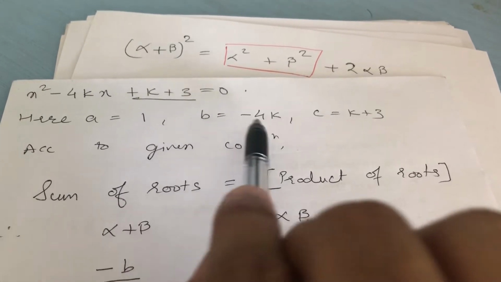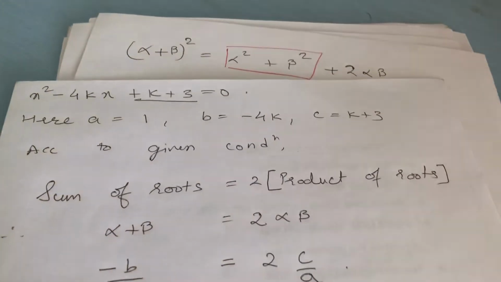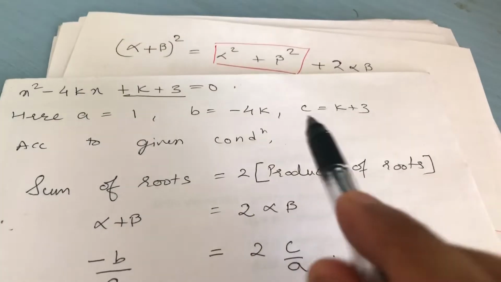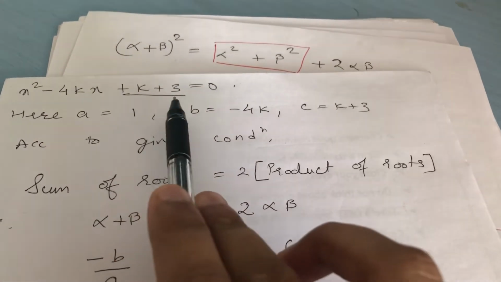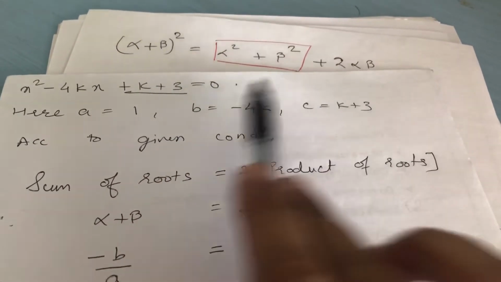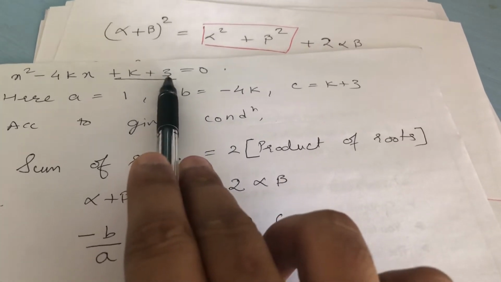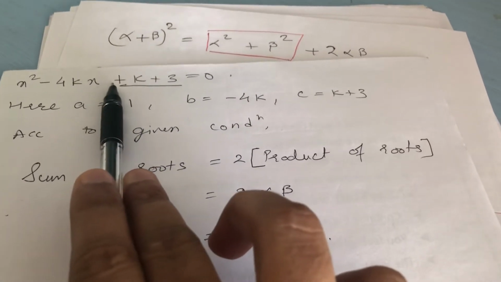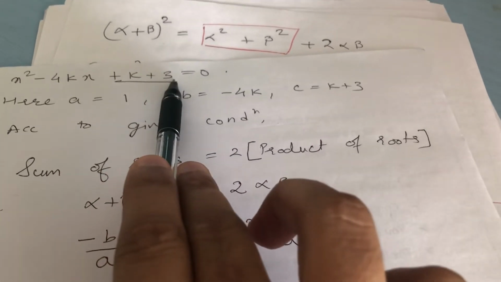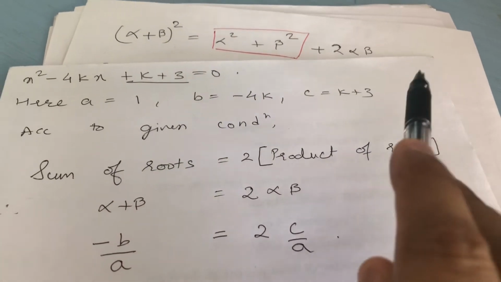So you get b equal to minus 4k. Okay. And c equal to k plus 3. Also here many of them will make a mistake of taking c as only 3, but no, anything that comes after this, this whole thing will be c. So you get c as k plus 3.